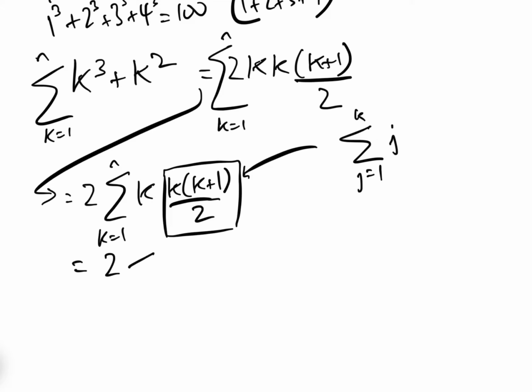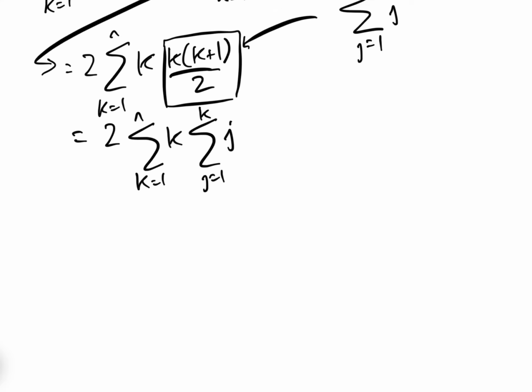So we can rewrite this as 2 times the sum between k equals 1 and n, of the sum between j equals 1 and k of j. Okay, so now we have our double summation. Now we want to flip these two, but because this is not independent, because j is going from 1 to k, we can't just flip these summations around.